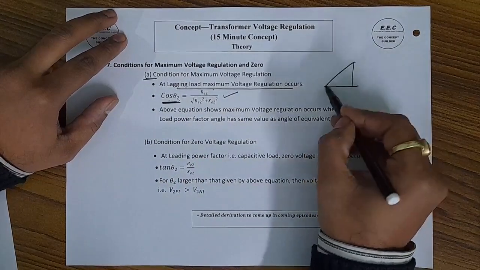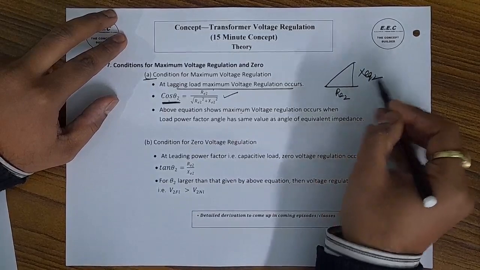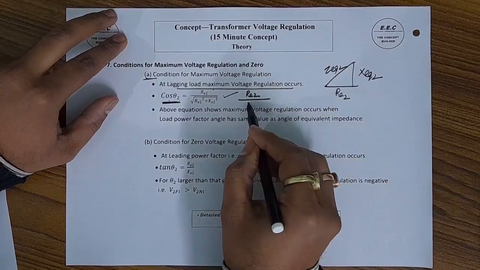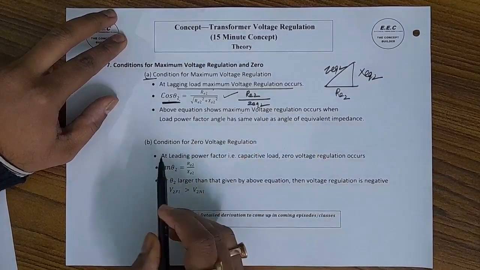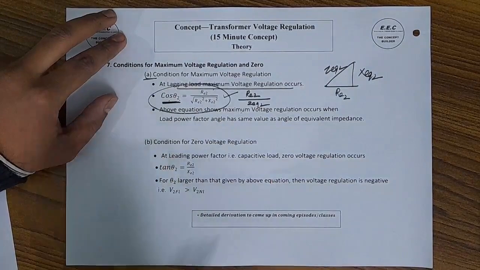If I draw the angle equivalent of impedance, this is going to be Re2, this is going to be Xe2, and this is going to be Z equivalent 2. So this is nothing but Re2 divided by Z equivalent 2. This is the condition that you have to remember for maximum voltage regulation.